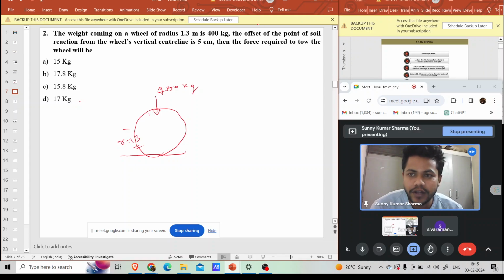The offset of the point of the soil reaction from the wheel's vertical center line, means the reaction which the soil exerts on the tire, and the wheel's center line, this offset is 5 centimeter. So you have to calculate the force required to tow the wheel, means tow force you have to calculate. What will be the force required? Can you do this problem?